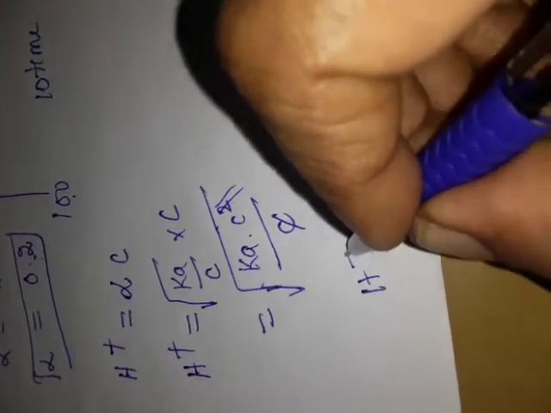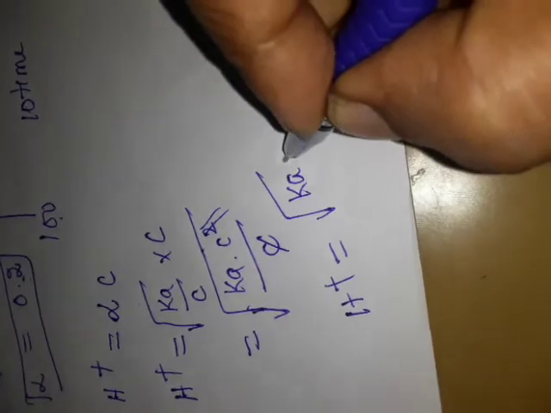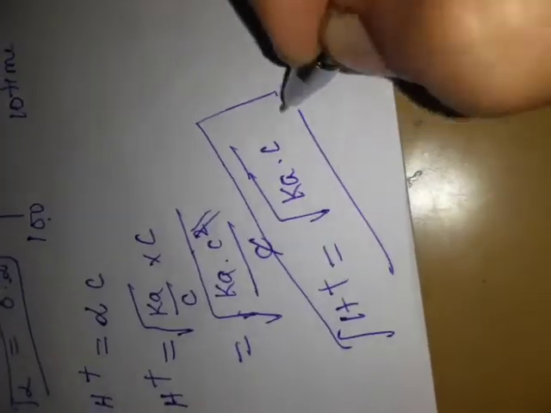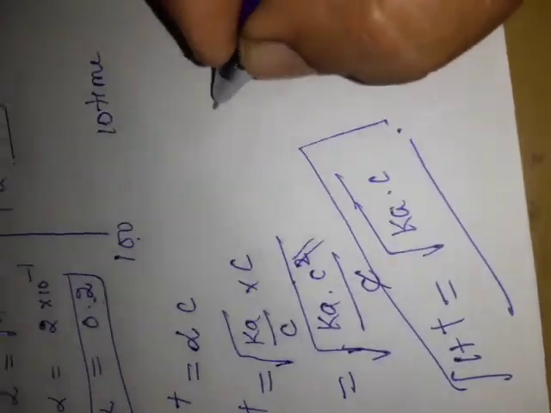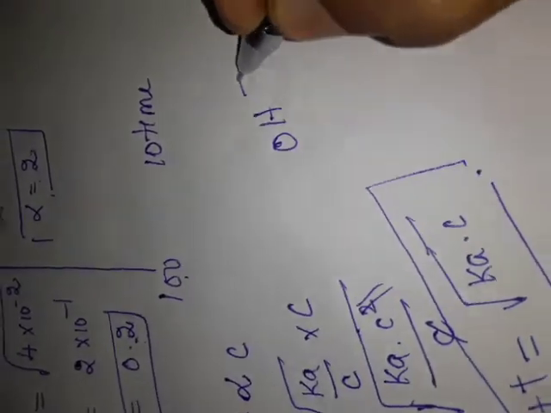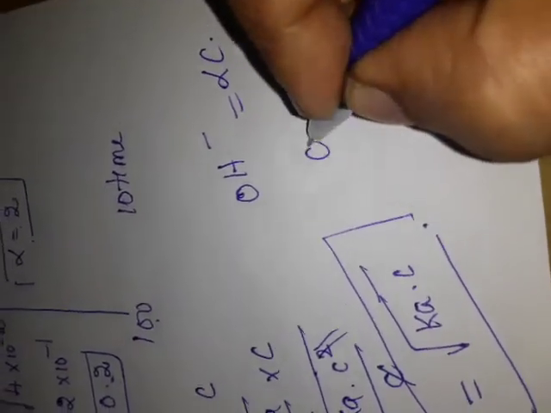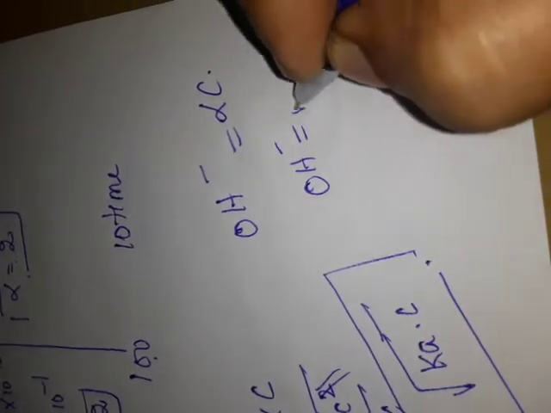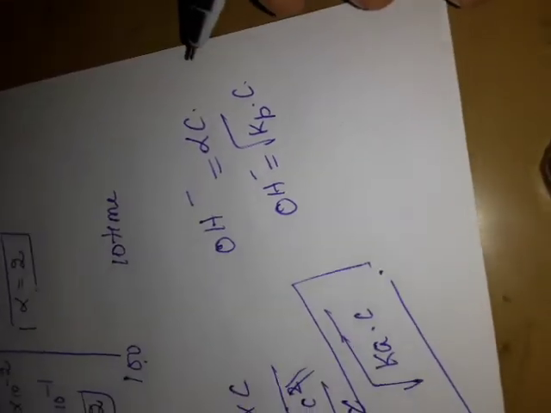Therefore the H+ concentration is equal to the square root of Ka into C. Similarly, for a weak base, OH- is equal to alpha into C, or OH- is equal to the square root of Kb into C.